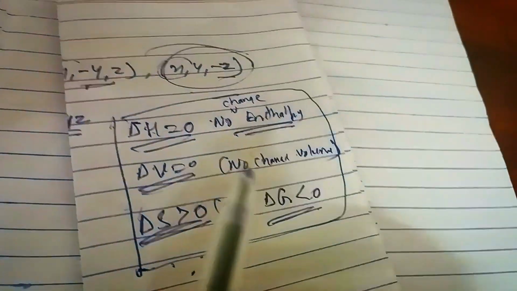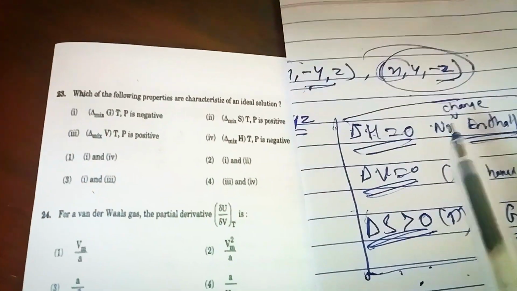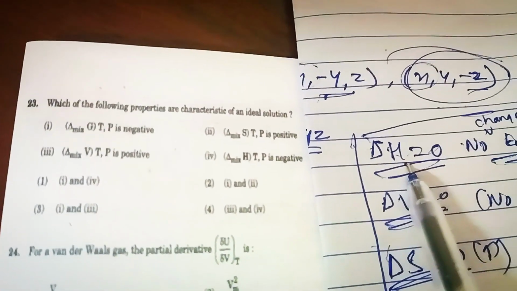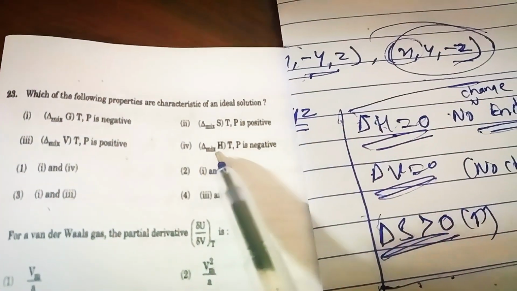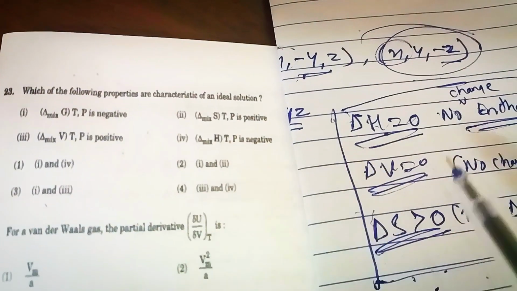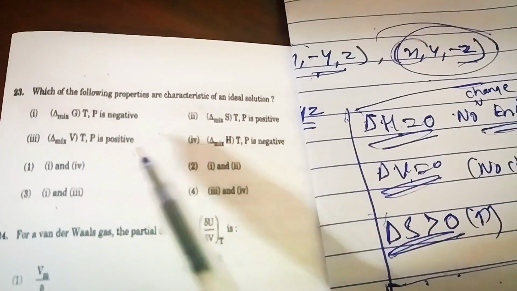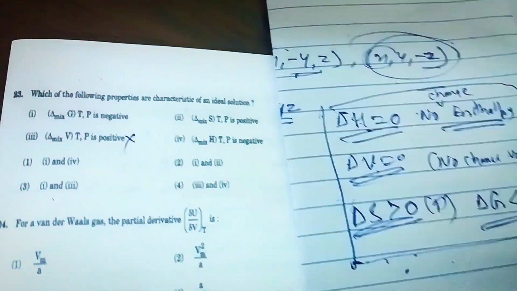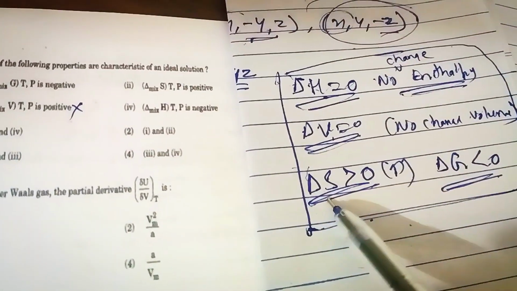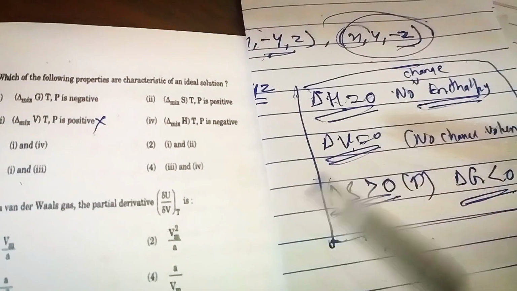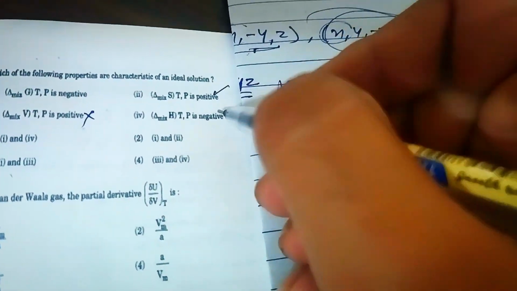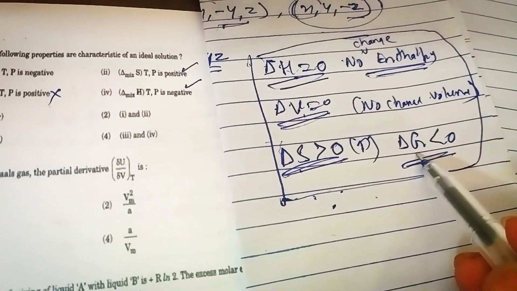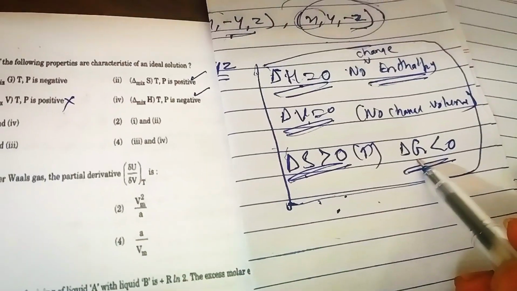So by taking these, delta H is equal to 0, but here delta H is given as negative. Delta V is equal to 0, but here delta V is given as positive. So this is wrong. Delta S is greater than 0, so S is positive. So this is right. Delta G is less than 0, so it will be negative.